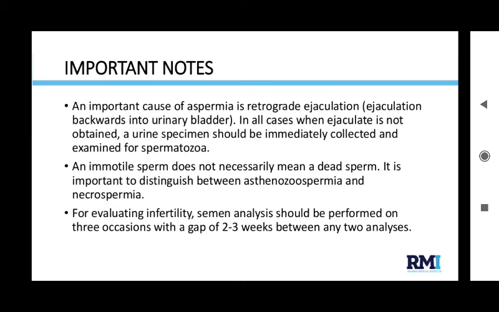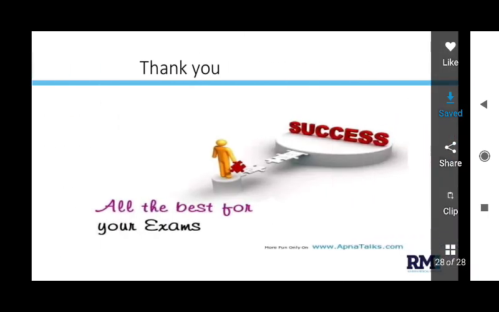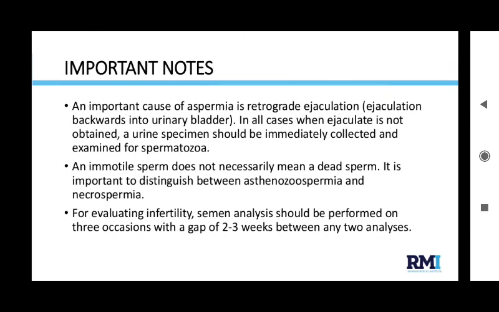Some miscellaneous topics. So, certain important points. An important cause of aspermia is retrograde ejaculation. So, aspermia means no semen at all. So, it is retrograde ejaculation, backwards into urinary bladder. In all cases, when ejaculate is not obtained, a urine specimen should be immediately collected and examined for spermatozoa.